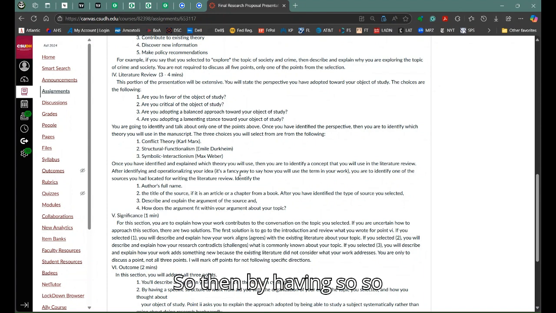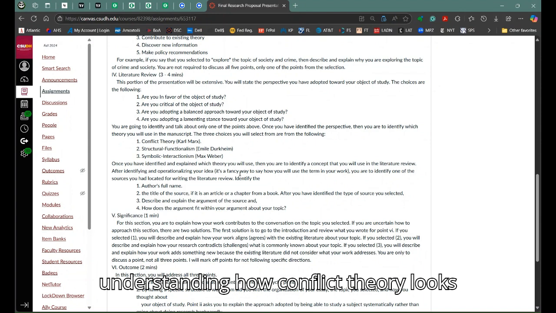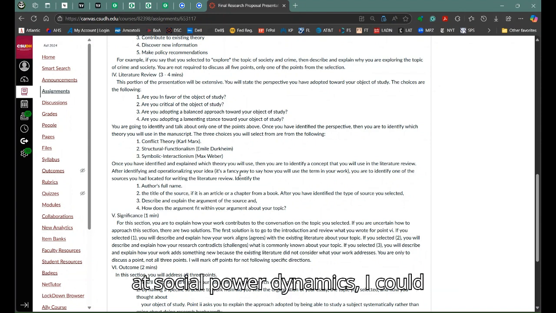So by understanding how conflict theory looks at social power dynamics, I could use conflict theory as my overall theoretical perspective to frame the issue of how using crime as a way to inform public policy is a form of manipulation, disinformation, or just cynicism that certain politicians use when they're making public policy, right?